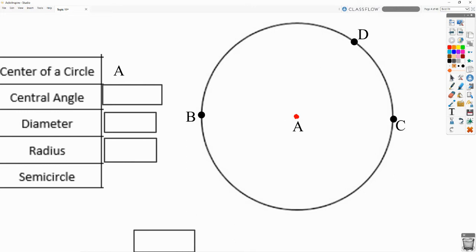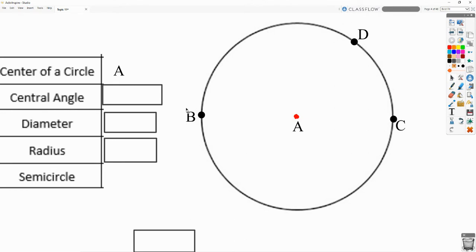Point B is straight to the left of the center. Point C is straight to the right of the center. Point D is somewhere just kind of vaguely up on top, somewhere just kind of hanging out up here, okay? It does not have to have a specific location, but B and C need to be straight across from each other and across from A. Okay, and the reason we're doing that, we'll get to in a second.